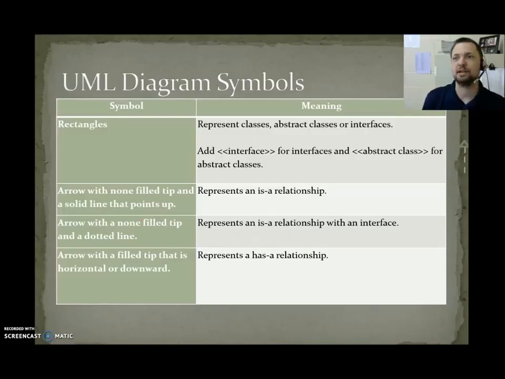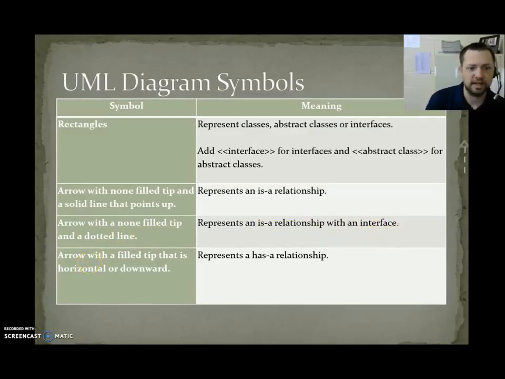If something is an abstract class, less than abstract class greater than for abstract classes. Arrows with a non-filled tip and a solid line represent an is-a relationship. Arrows with a non-filled tip and a dotted line represent an is-a relationship with an interface.